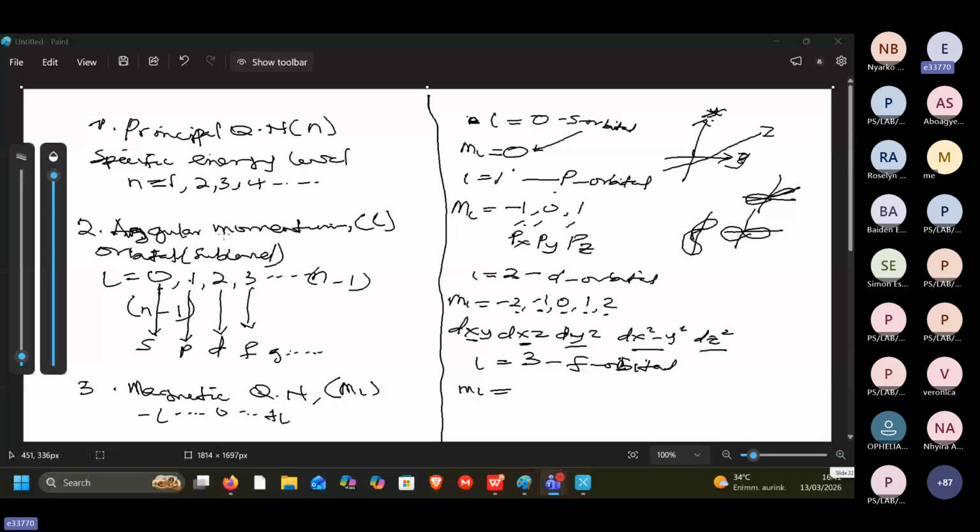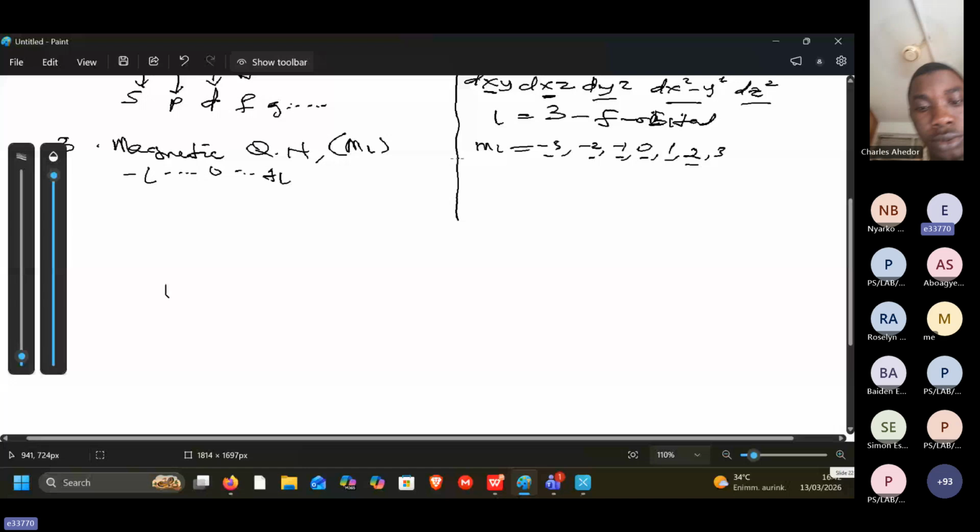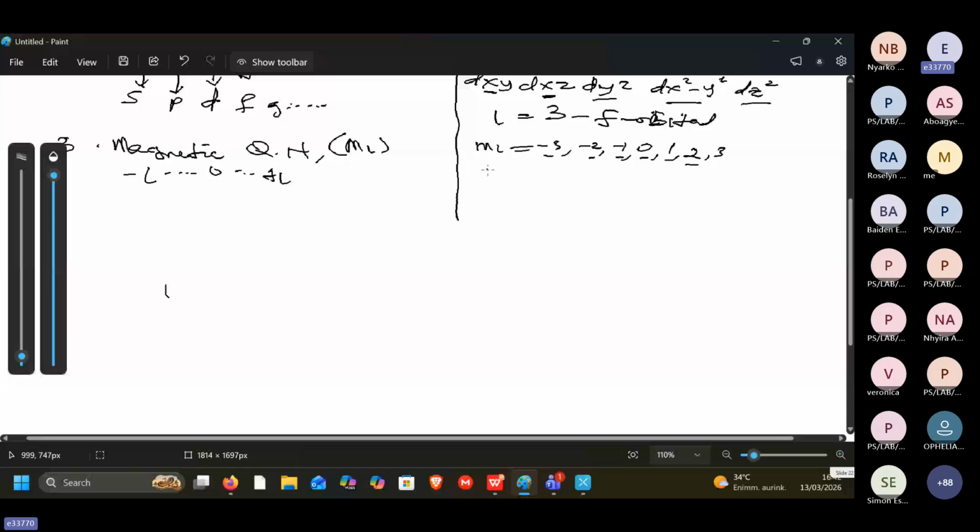If you count it, that's 7: 1, 2, 3, 4, 5, 6, 7. We don't know how the F orbital, the fundamental orbital, behaves in terms of XYZ, so we'll just say that we have F1, F2, F3, F4, F5, F6, and F7. These are the fundamental orbitals.